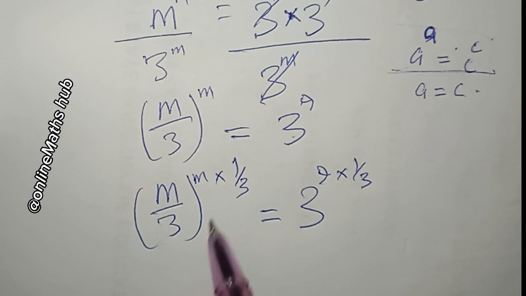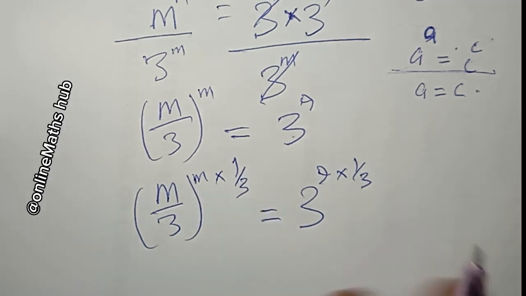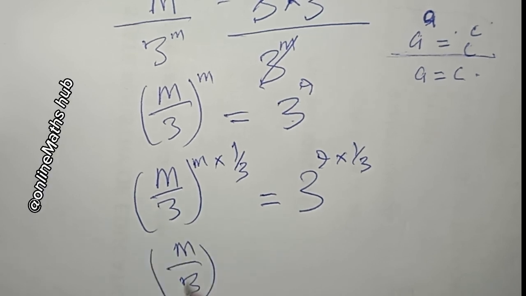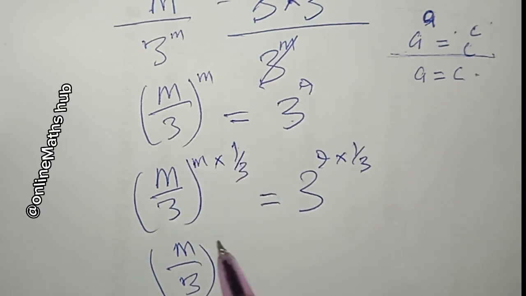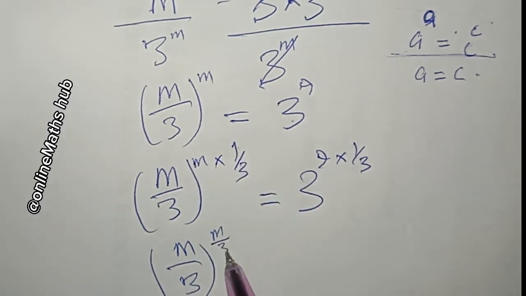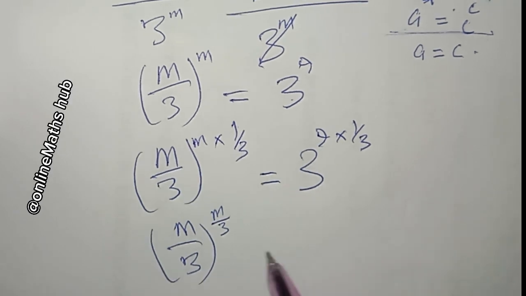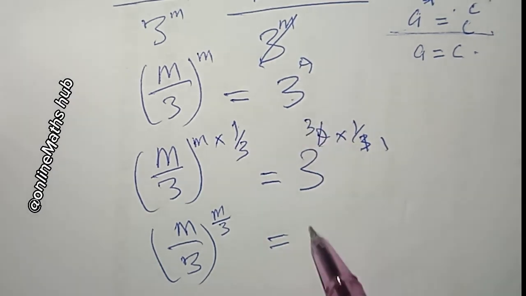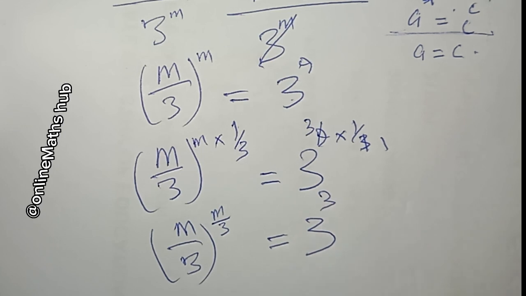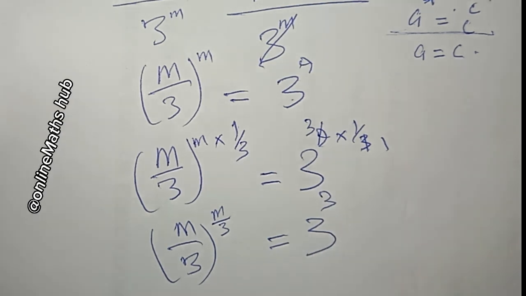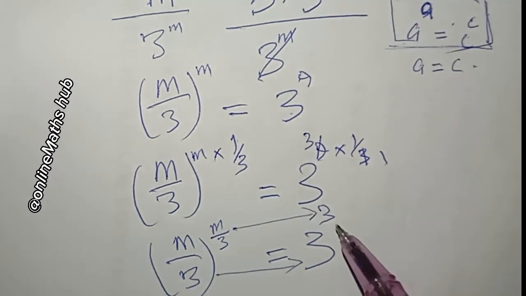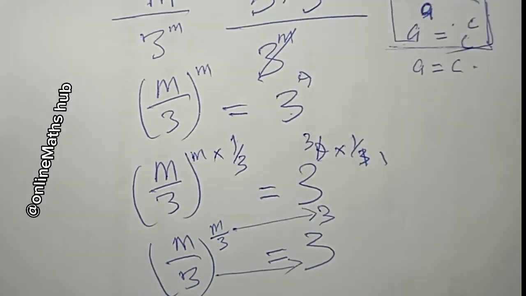So if I multiply this, the left hand side now changes to m divided by 3 power m times 1, which is actually m divided by 3 over here. And of course is equal to, here 3 can divide itself, and then when it divides here I have 2, so I now have 3 power 3. So you can see that we've been able to simplify this such that we now have this equation in this format over here. You can see that both parts of the equation have the same pattern.